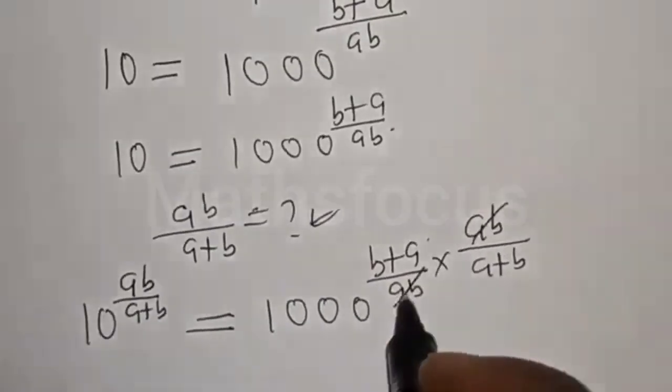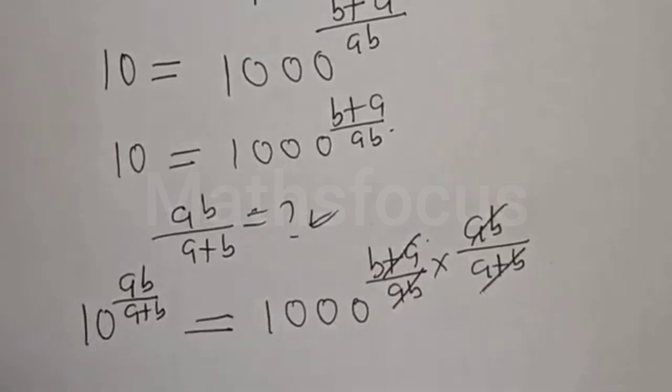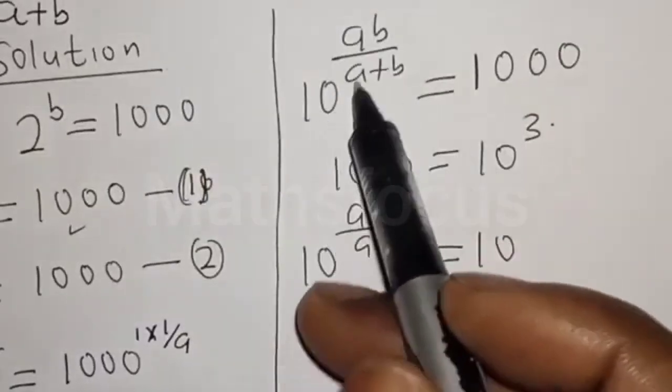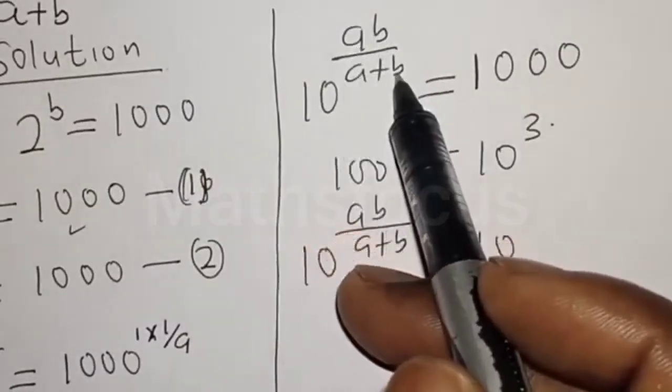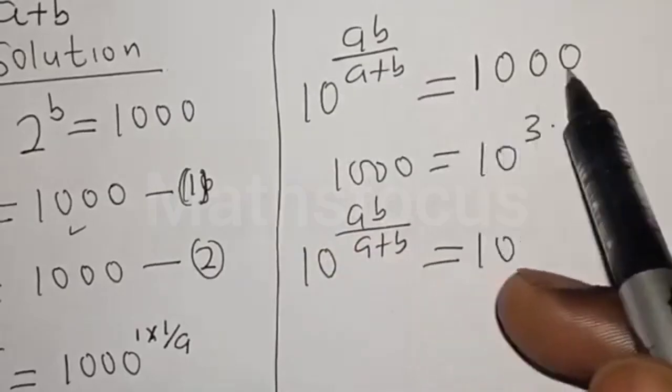And this one will cancel this, and this one will cancel this. From here, we have 10 raised to power ab divided by a plus b is equal to 1000.